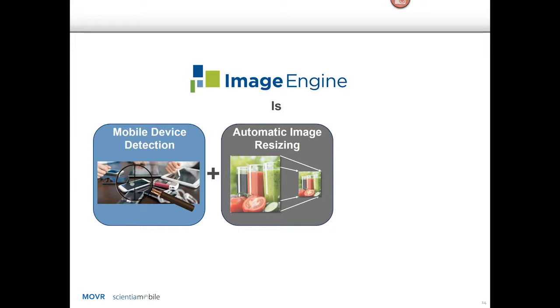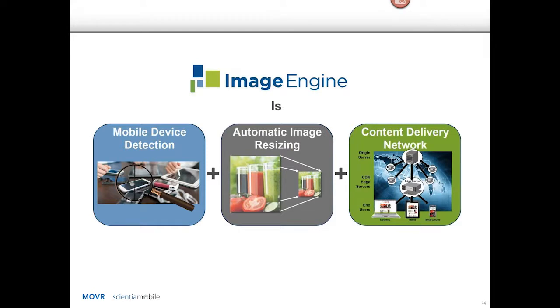And it's currently only supported by Chrome and Opera, the Blink rendering engine. So it's not supported by all the desktop browsers or mobile browsers out there. So what ImageEngine does in addition to supporting client hints is to, of course, use device detection by WURFL to sort of fill the gaps of client hints.